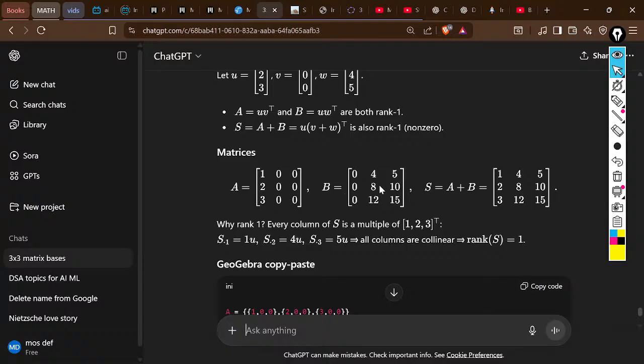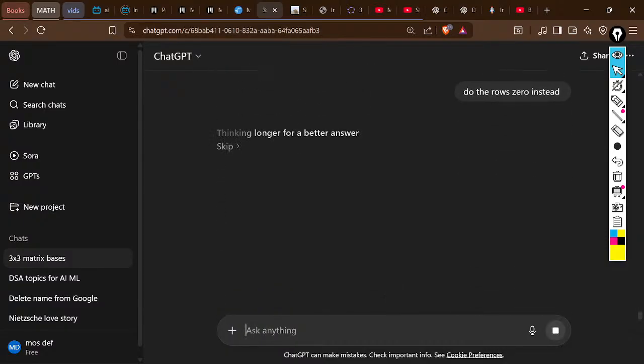What? Why is the column zeros instead of that? Oh, it's the same thing, but it's like do the rows. Yeah, it makes sense, but row 0 is the convention, isn't it?